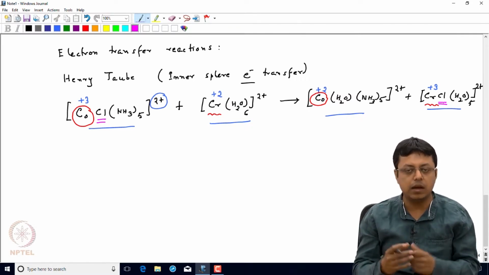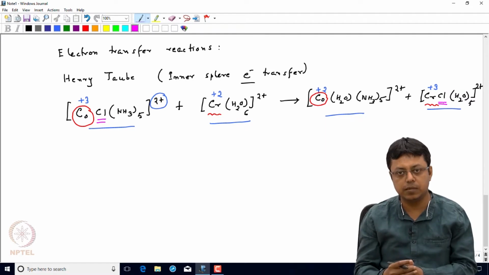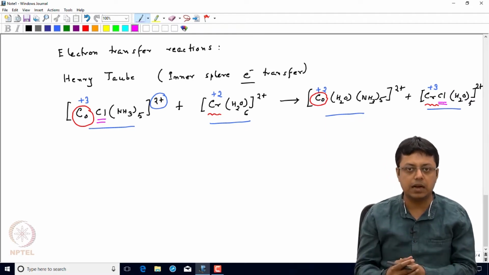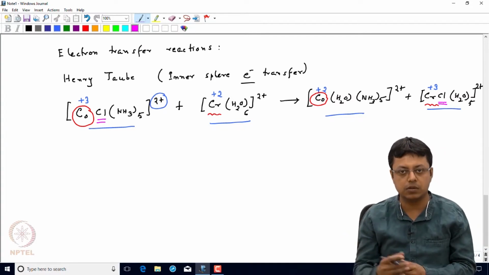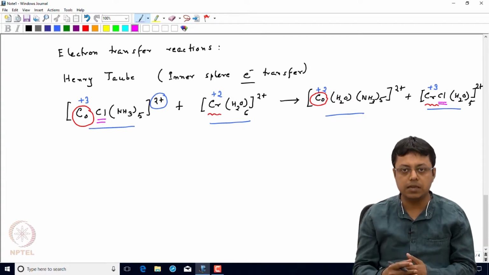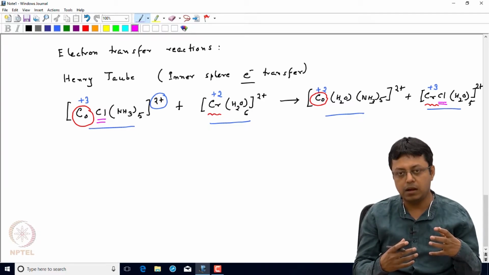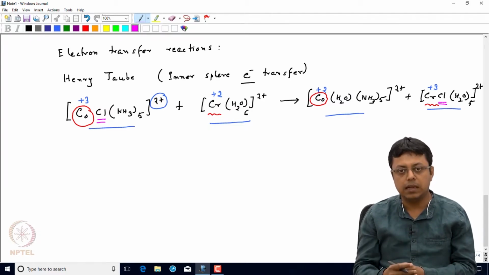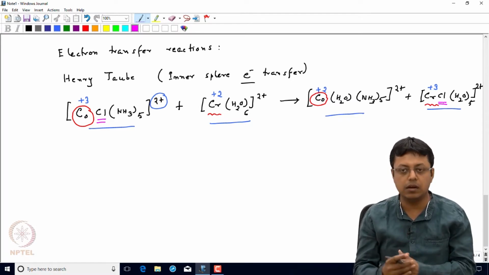This chloride ion is located at the first coordination sphere, because it is a ligand directly attached to the metal atom. Initially it was attached to the cobalt, and finally it is attached to the chromium. Taube said the electron transfer in this case, where we have a redox couple, is being mediated by this ligand, the chloride ligand, Cl-.